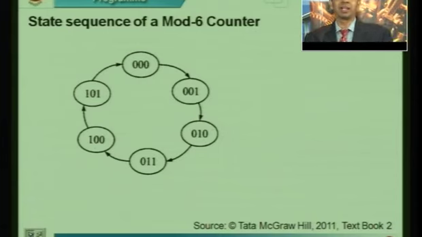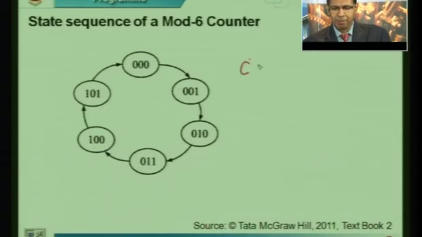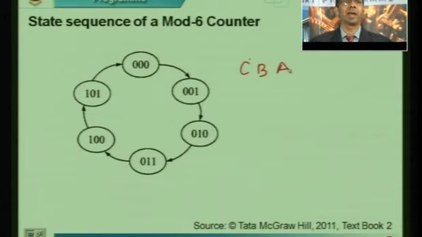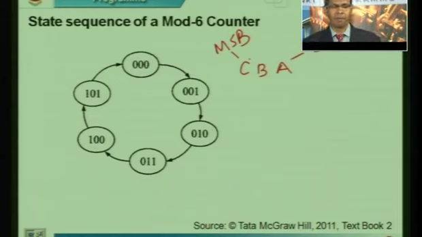You can think of this as a 3-bit number, which we call C, B and A, where C is the most significant bit or MSB, while A is the LSB, the least significant bit.